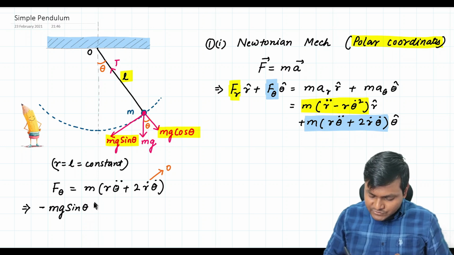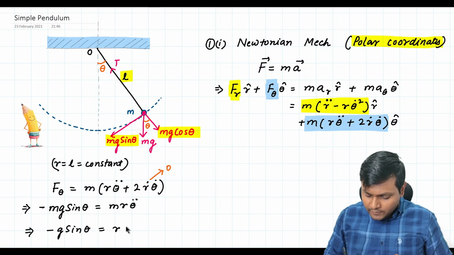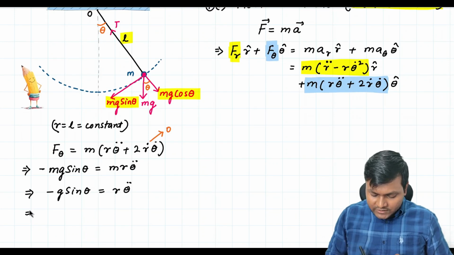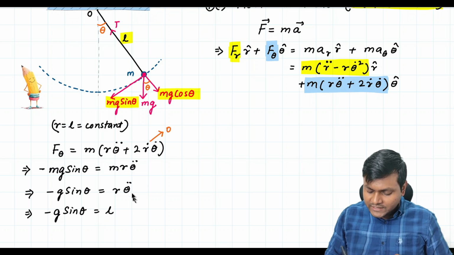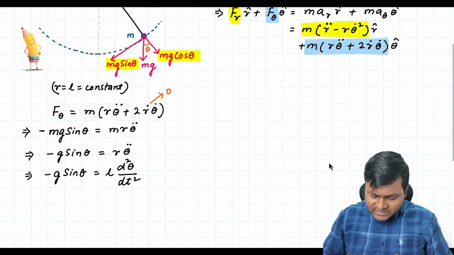So minus mg sin theta is equal to m r theta double dot, which leads to the equation minus g sin theta is equal to r theta double dot. If I substitute the values here, this becomes minus g sin theta, where r is nothing but the length of the pendulum, L, and theta double dot is d2 theta upon dt2. This becomes a very simple differential equation.